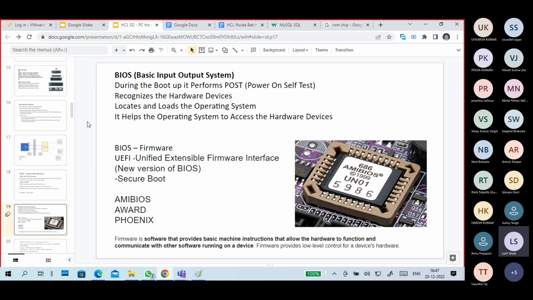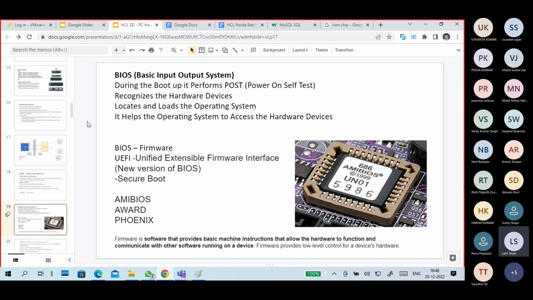What is a BIOS? BIOS is nothing but firmware. It is basically a small program, called firmware.